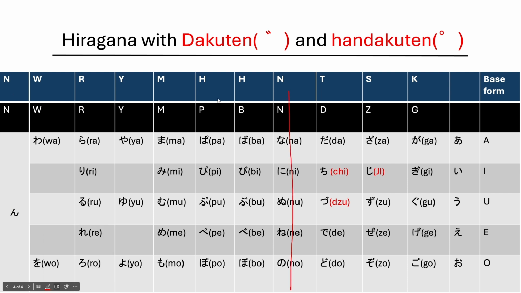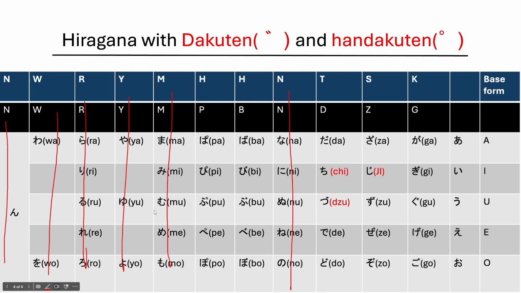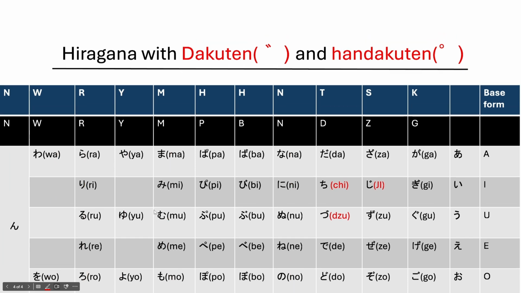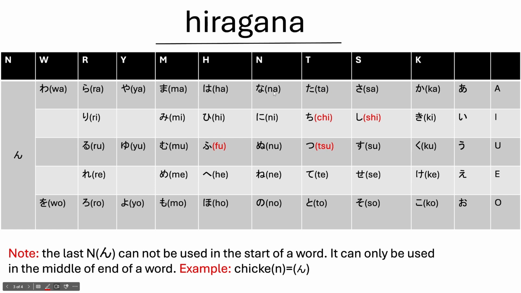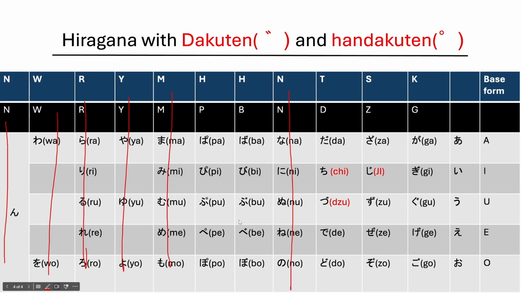For example, this one, this one, and this one. You cannot add dakuten or handakuten in these 6 columns. These sounds are the same as the previous chart, like this one. This is the same as the previous chart. You guys just have to memorize this by practicing again and again.